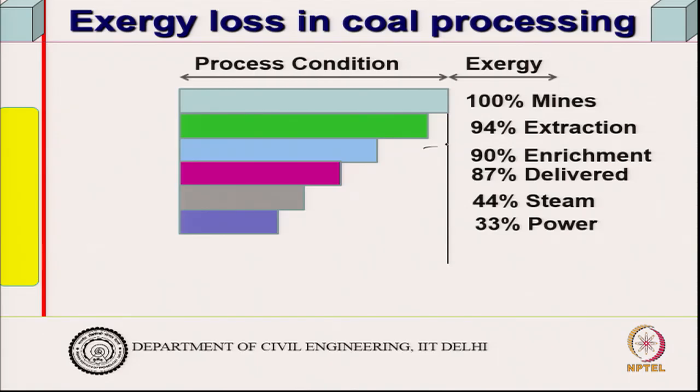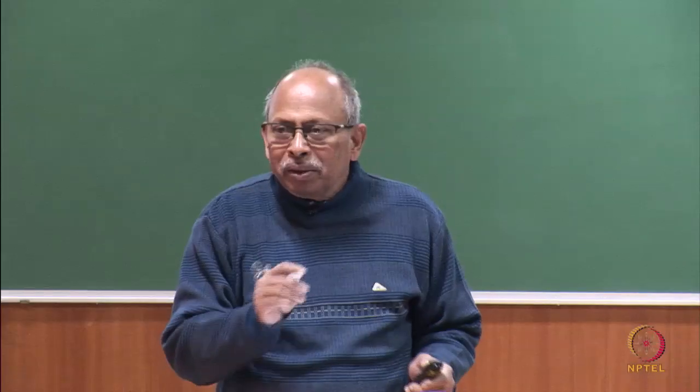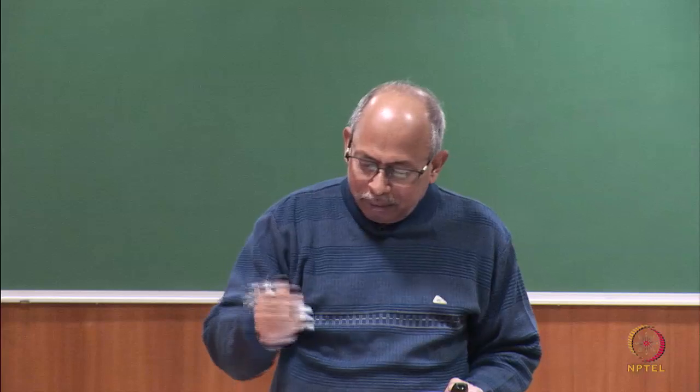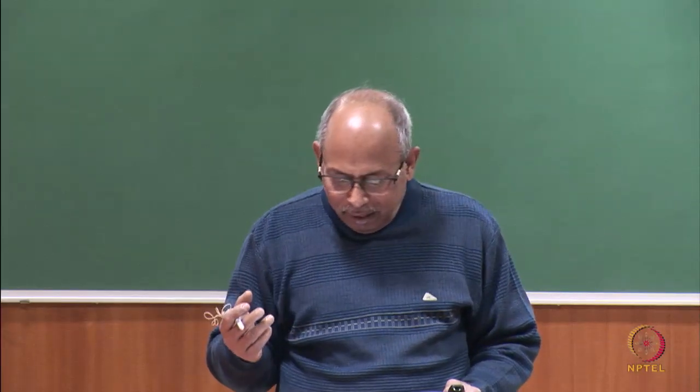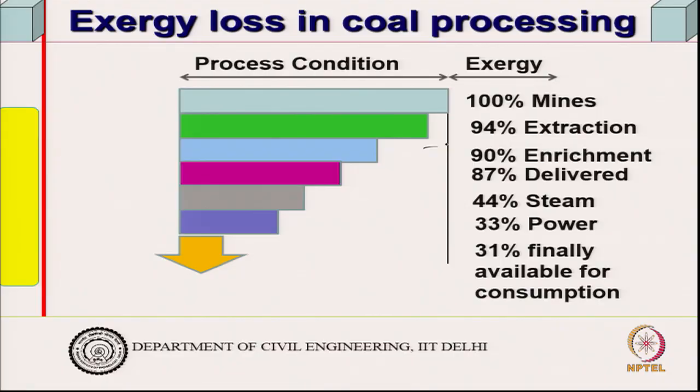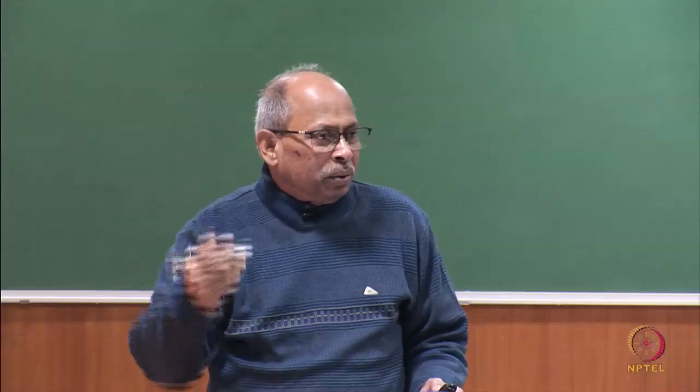So, the power that I have generated can do work of only 33% of what was available in the coal, right, and then finally available for consumption. So, therefore, there is a lot of work potential loss at every stage, and finally I get much less than what was originally there in the mines or in the resource or wherever it is.